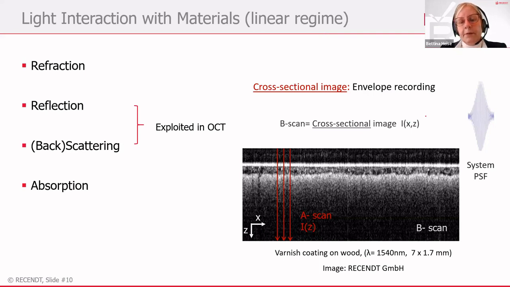We can see interfaces, and we can see also strong scattering regions. And we can see also, for instance, some small inclusions here. And why do we get such a type of image? OCT belongs to these imaging modalities which are coherent imaging techniques.